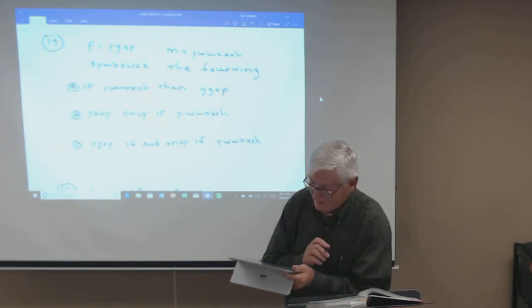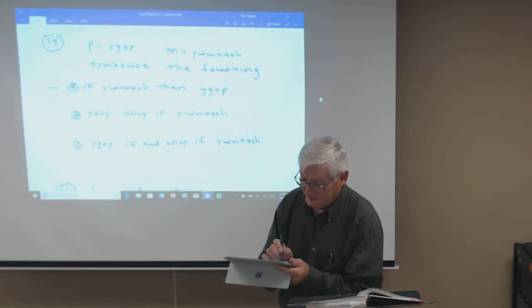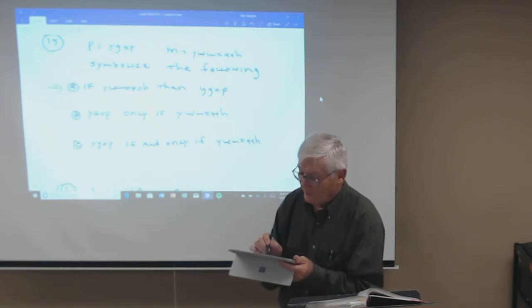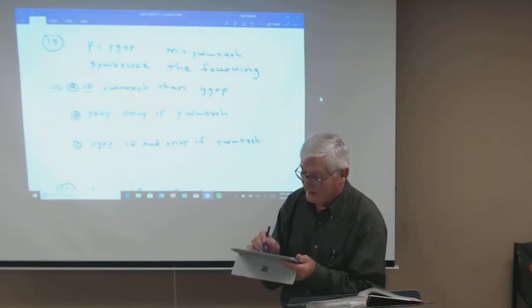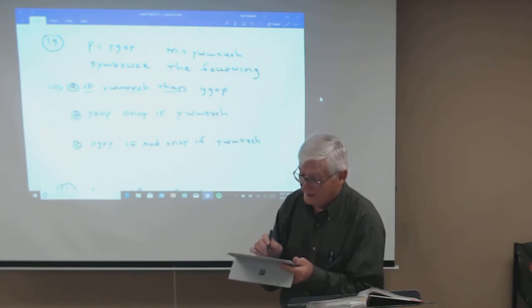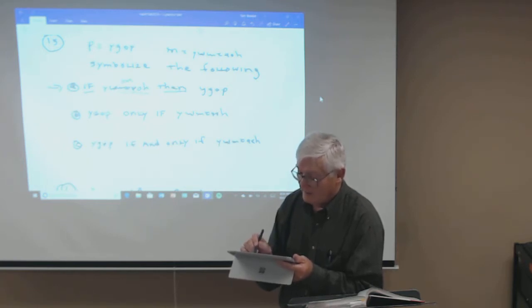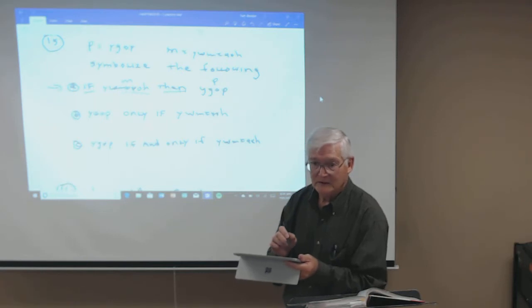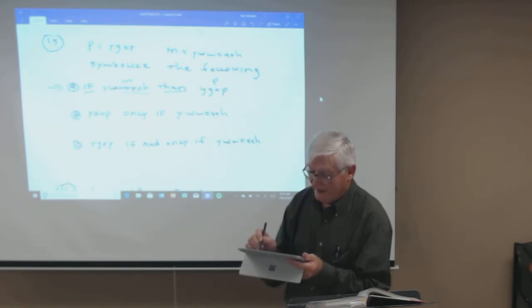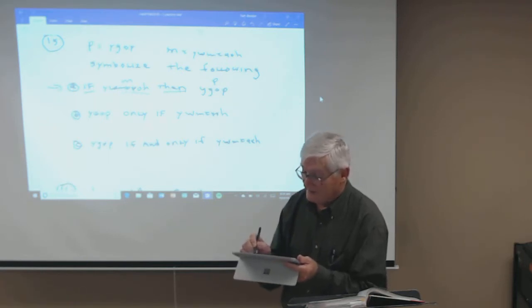Symbolize the following statements. So here's what A says. If you work more than 40 hours a week, then you get overtime pay. What's work more than 40 hours a week? If M, then what? P. Everybody follow that, where I'm getting my letters? So what do I write out here for symbolic language? M, arrow, P.